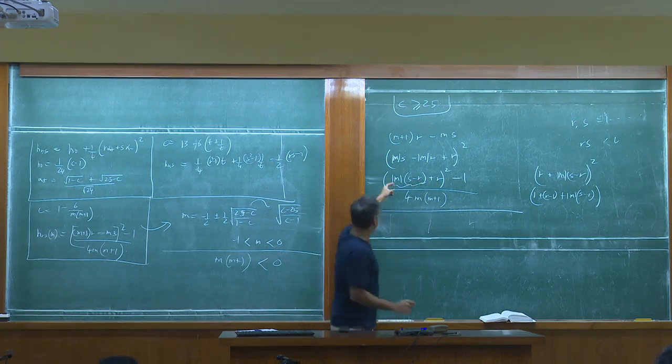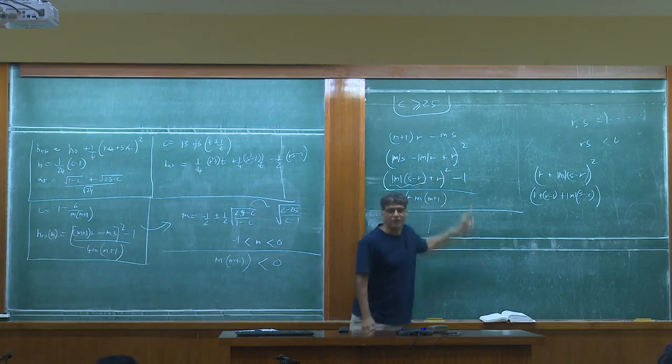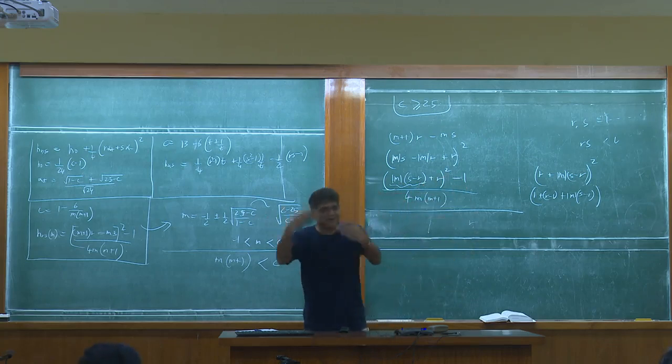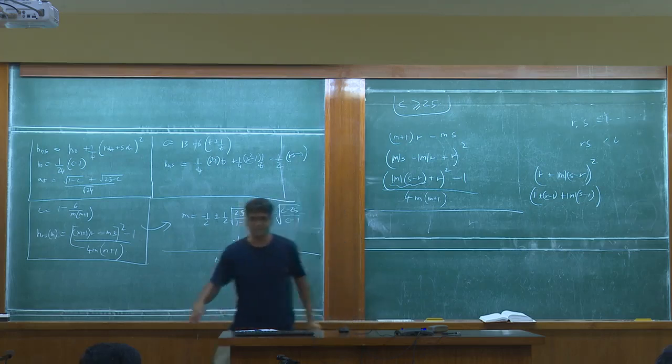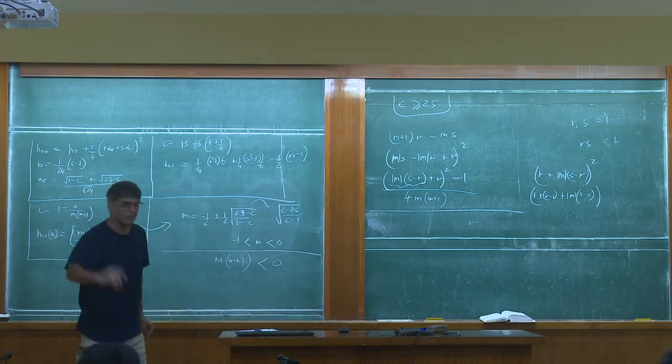In that case we've got at least 1 squared minus 1, which is greater than or equal to 0. Then we're good.